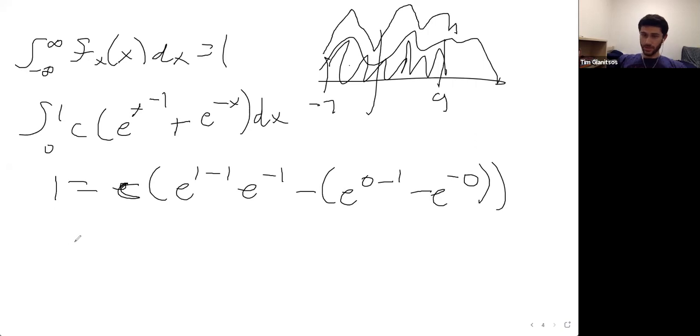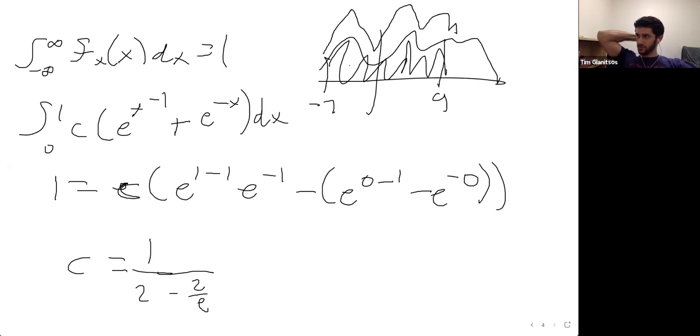That's what you'll end up with. And then you'll end up with the following: 1 over c equals, when you solve for c, 1 over 2 minus 2 over e. This is what you'll end up with.